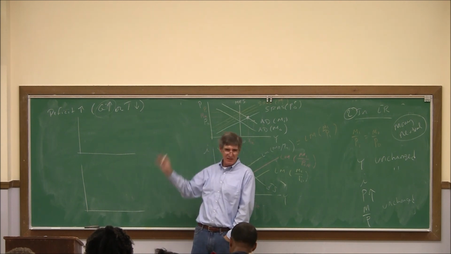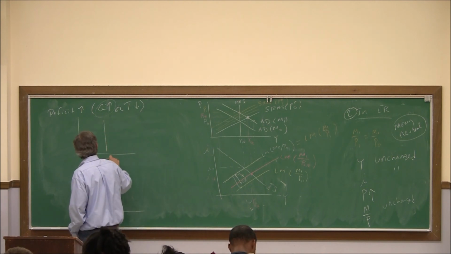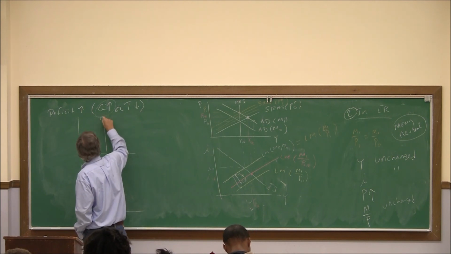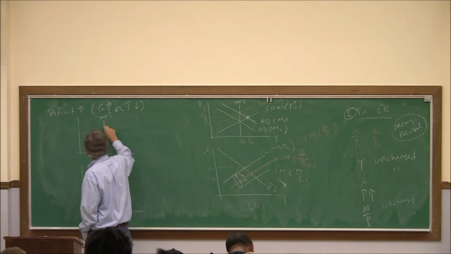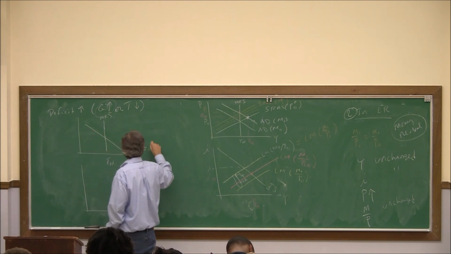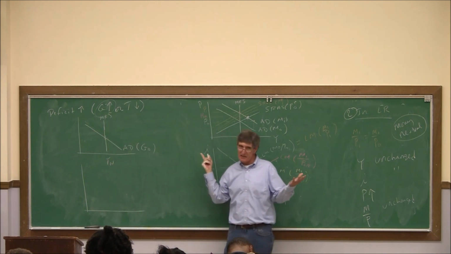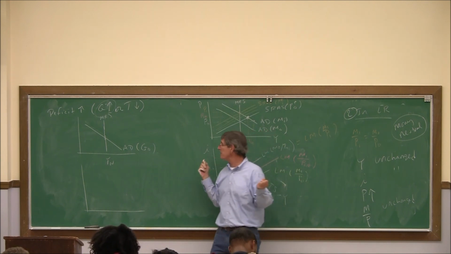It's the same exact thing we just did, pretty much. So we'll have, again, our medium run supply curve, AD, and I'll just look at government spending. This time we're looking at fiscal policy rather than monetary.